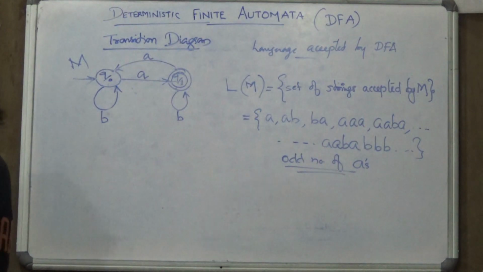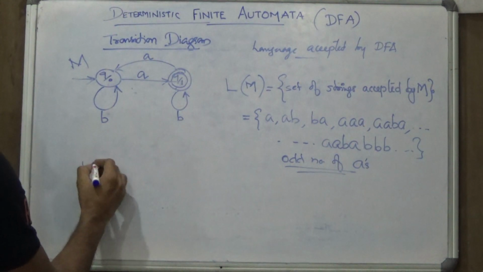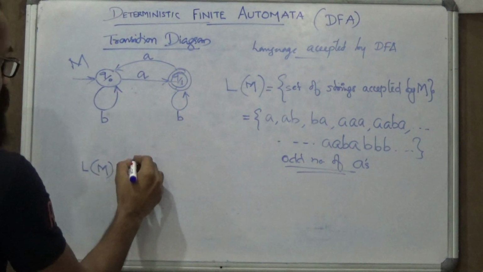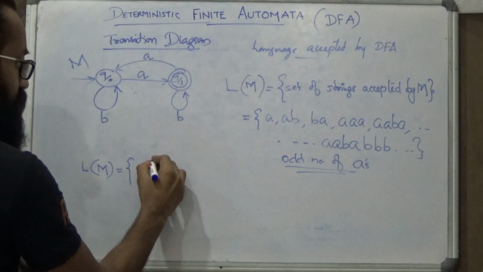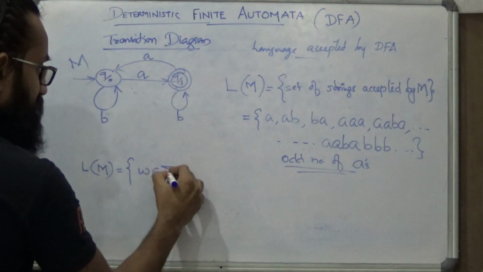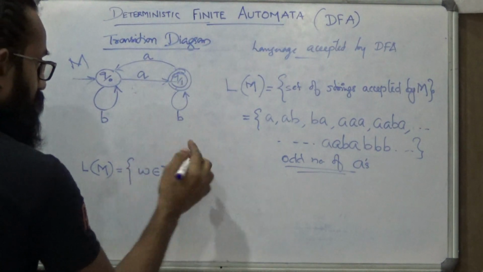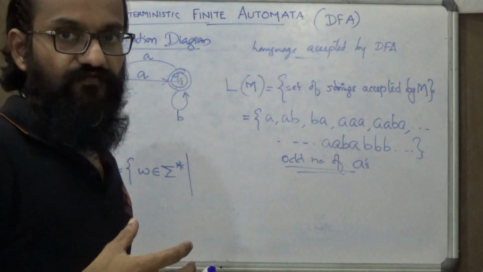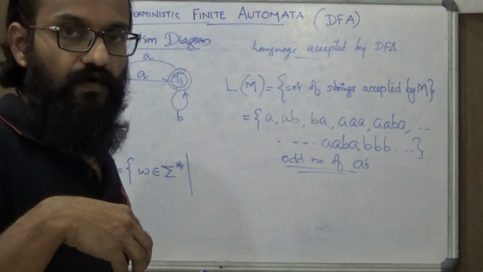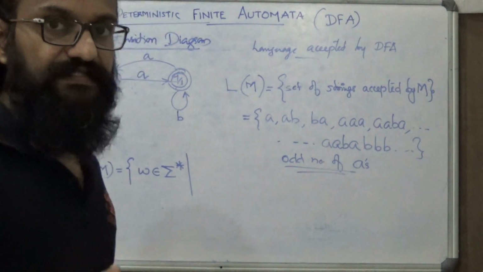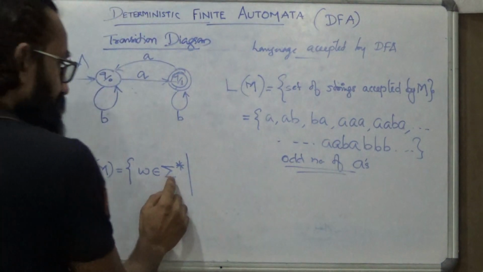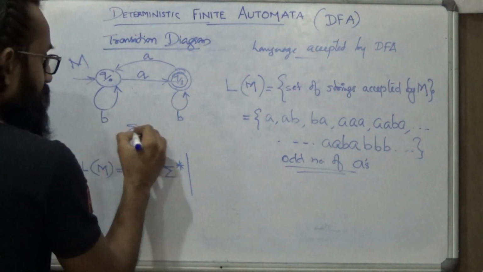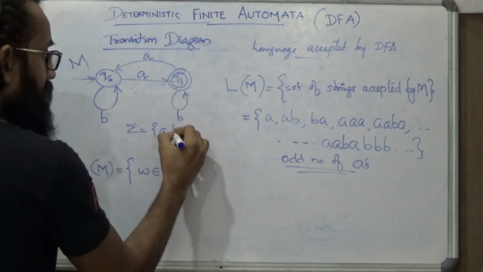Now let me formally define the language recognized by this model, L of M. L of M is equal to the set of W belonging to sigma Kleene closure. Sigma Kleene closure means the set of all possible strings that can be generated using alphabets that belong to sigma. In this case, sigma is equal to the set {A, B}.